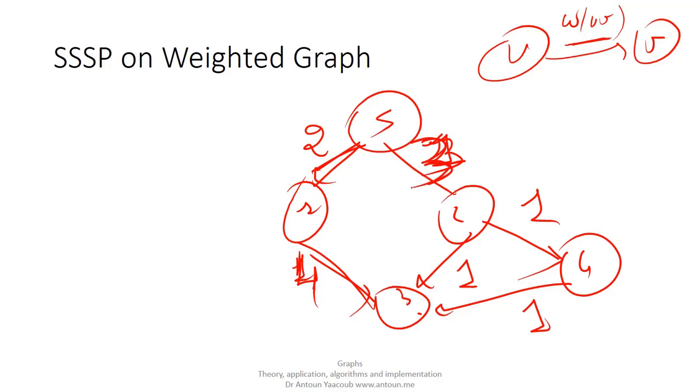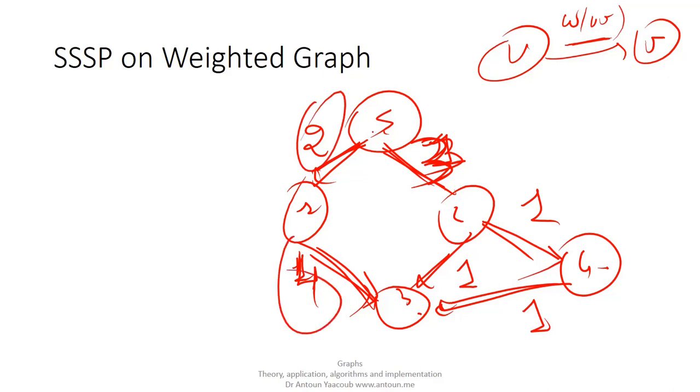In terms of BFS, I have here 2 edges, 2 arcs, so the distance is 2. However, if I go from S to 2, 4, and then 3, the distance is equal to 3 arcs. But in terms of weights, the first path, S, 1, 3, is equal to 2 plus 4, which is 6.